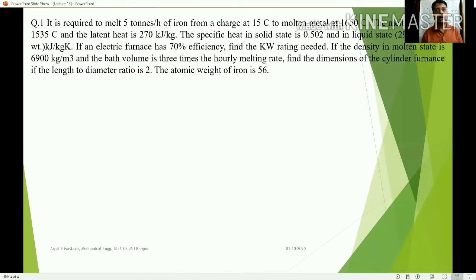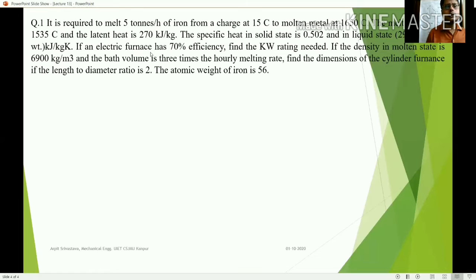Okay, so now we discuss this problem. It is required to melt 5 tons per hour of iron from a charge at 15 degrees centigrade to molten metal at 1650 degrees centigrade. The melting point is 1535 degrees centigrade and the latent heat is 270 kilojoule per kg. The specific heat in solid state is 0.502 and in liquid state 29.90 upon atomic weight kilojoule per kg Kelvin.